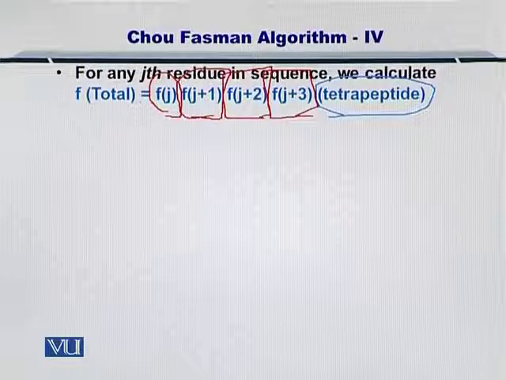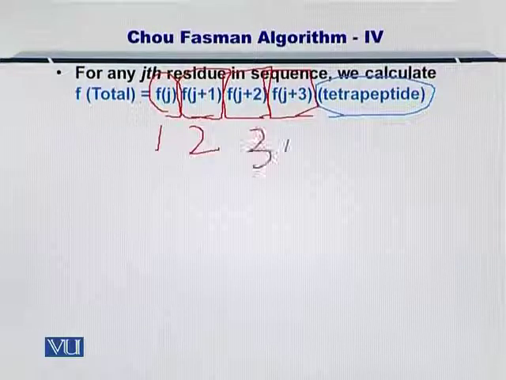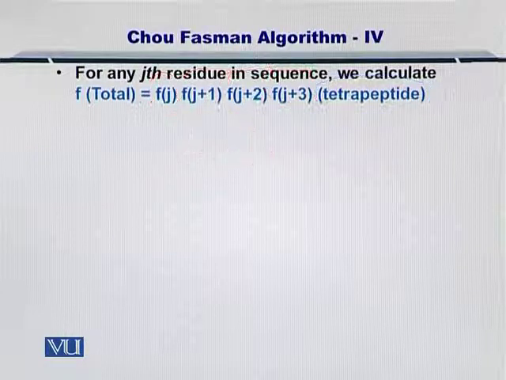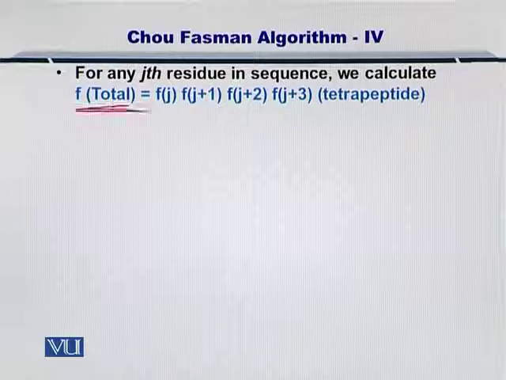By considering these 4 amino acids together and looking at their propensity to form a turn, you can compute F total. So F total is simply the product of these 4 numbers, or the propensity for the tetrapeptide.